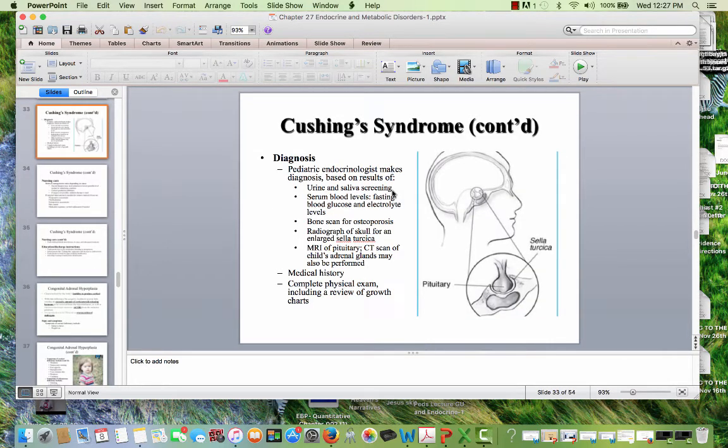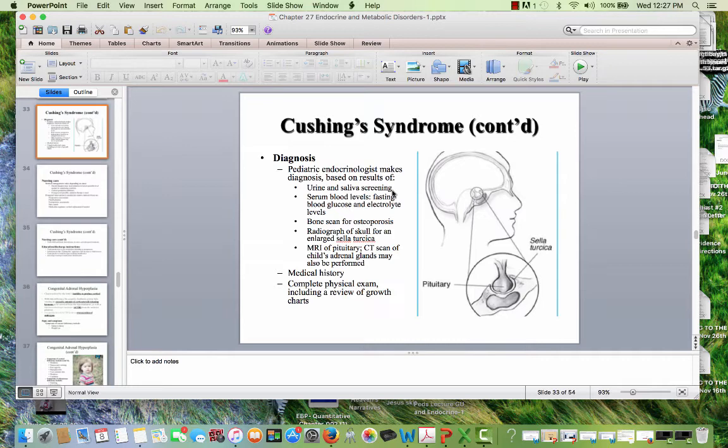So for the diagnosis, they're usually referred to a pediatric endocrinologist after a while, and they truly make the diagnosis. A 24-hour urine collection for urinary free cortisol is done, and then another test called the 17-hydroxycorticosteroid test, that's what it's called, is done.